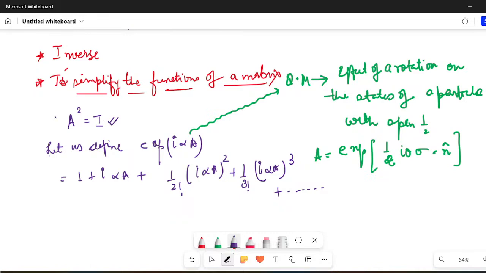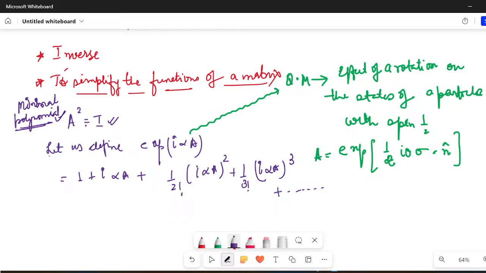I'm writing minimal polynomial, I'm not writing that this is my characteristic equation. Right now let us say that this is my minimal polynomial. By this minimal polynomial also we can do simplification of this matrix. Let us see how.